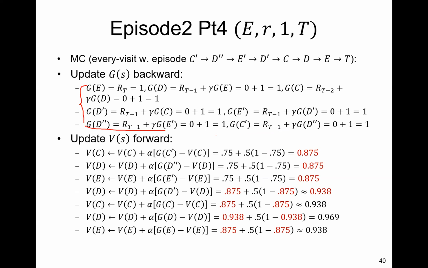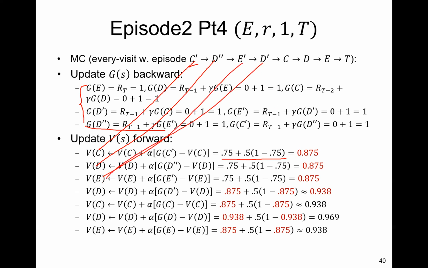Now, based on the return, you update the value functions. So for the first visit to state C, you have this update with target of 1. First visit to D, this is first visit to C. First visit to D, first visit to E.